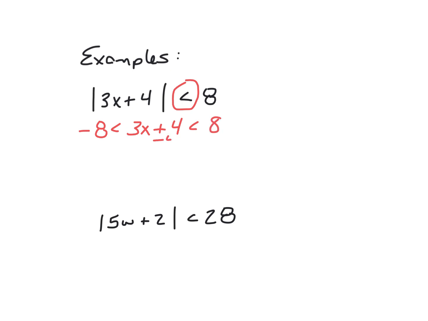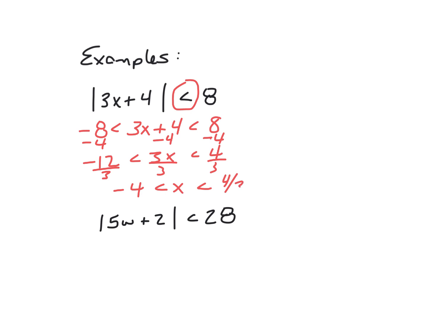And then, like I did in the previous video, I'm going to subtract 4 from all 3 parts. I'm going to divide all 3 parts by 3. And x is going to be between negative 4 and 4/3. I'd have an open dot at negative 4, an open dot at 4/3, and everything in between there.